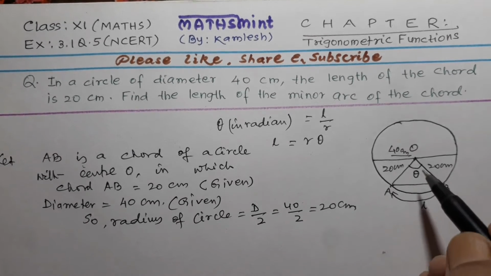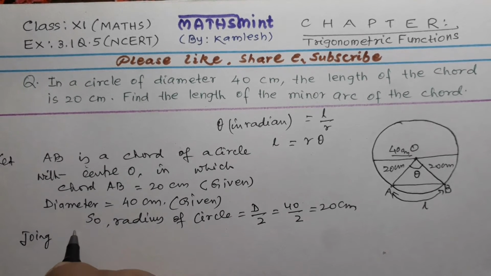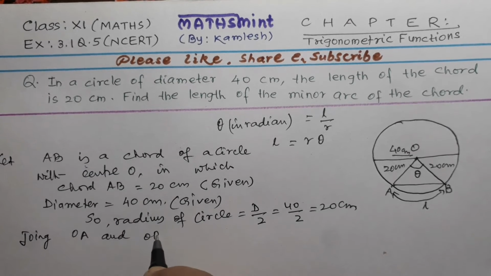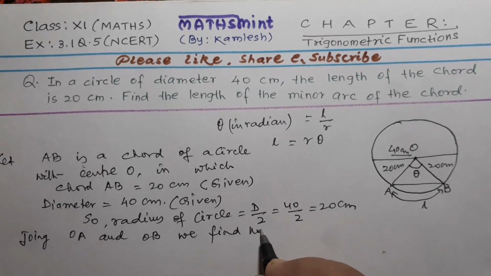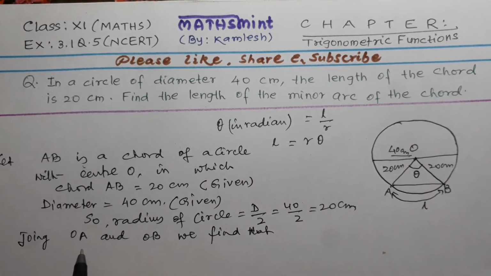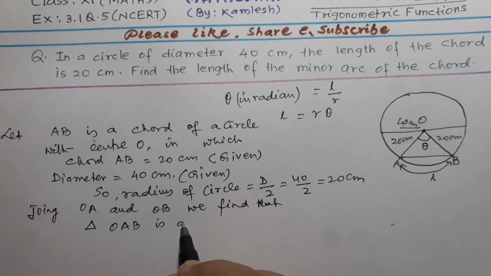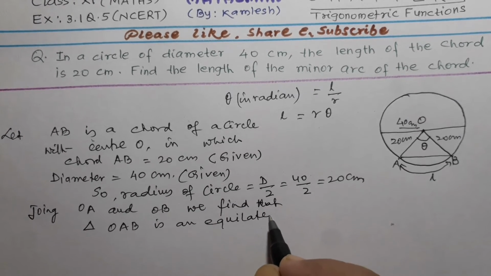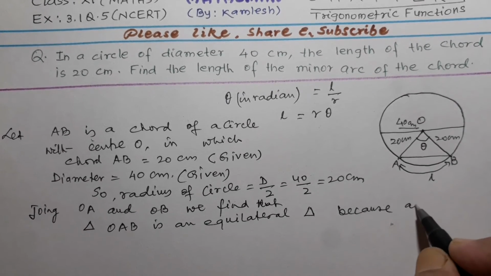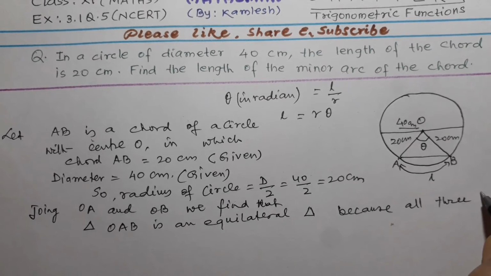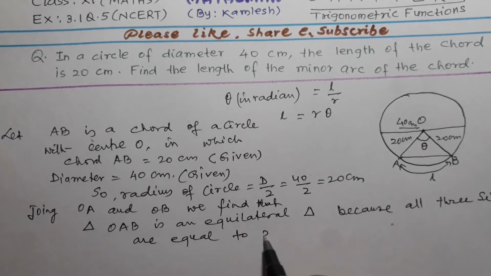Right? When we join OA and OB, we find that triangle OAB is an equilateral triangle because all three sides are equal to 20 centimeter.